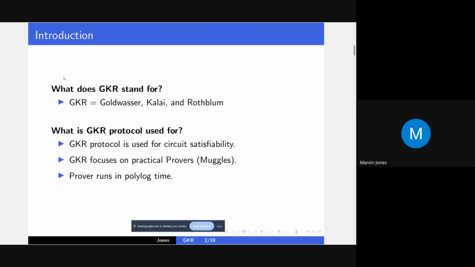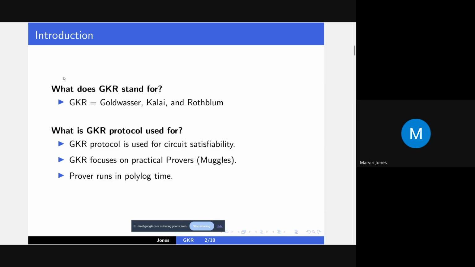I'm blanking on that name, and I don't know if that one actually ever went beyond the theoretical paper. But it's used as a sub-algorithm for a lot of projects, and I think in more recent years it's getting a little bit more interest because of the practical provers.